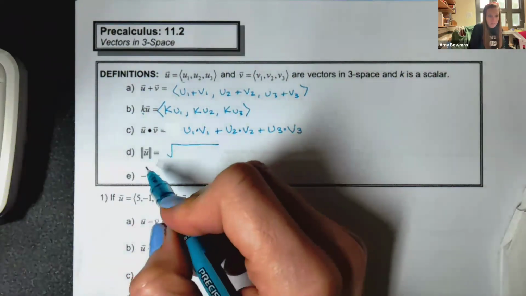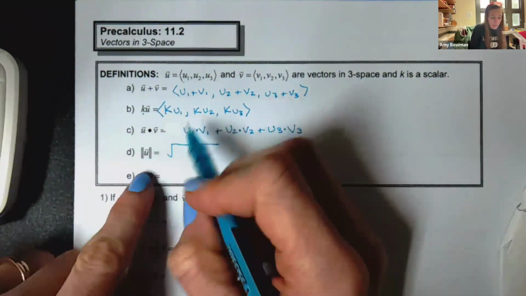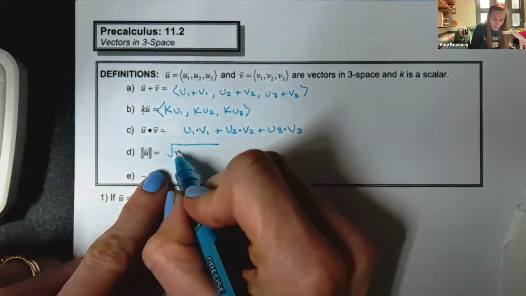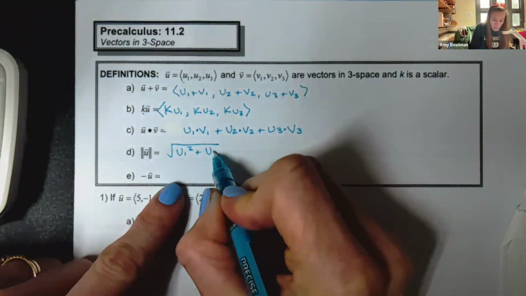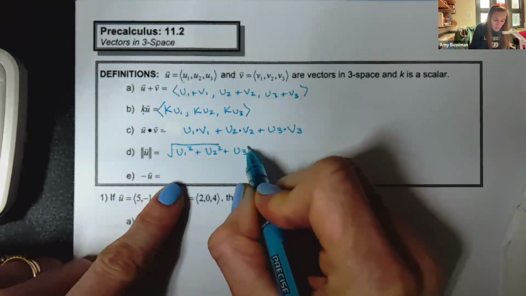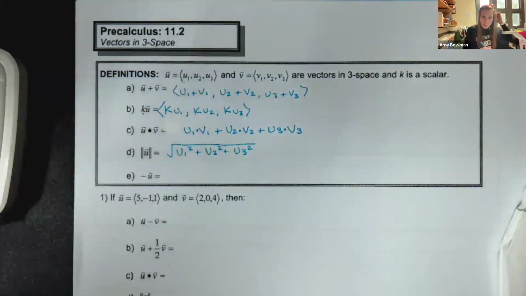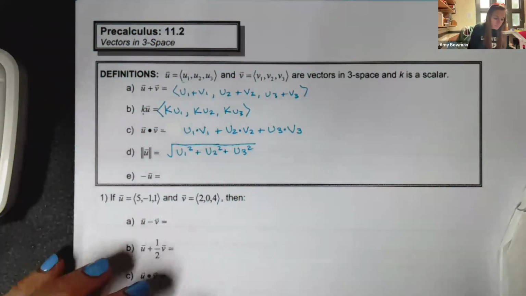So square root of x squared plus y squared plus z squared for our 3D points. So with a vector, it's just the square root of u1 squared plus u2 squared plus u3 squared. Again, just like we would do square root of x squared plus y squared plus z squared.